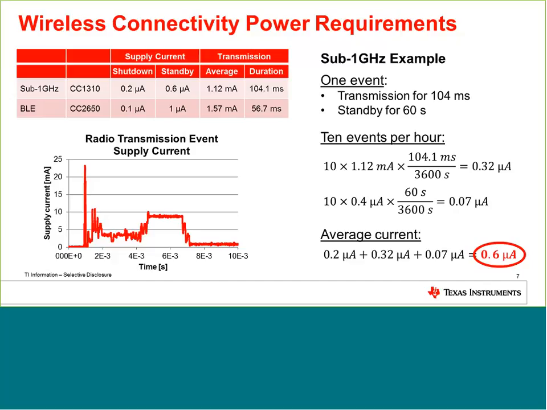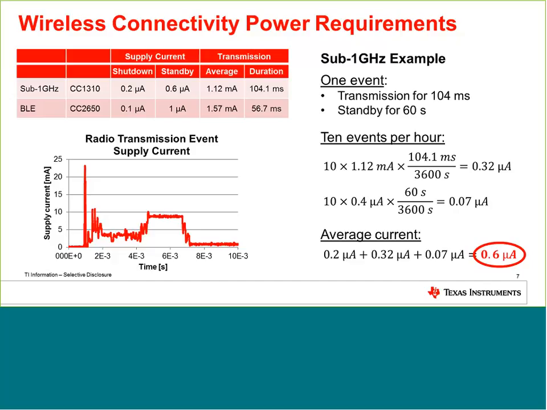If we have 10 events per hour, we can calculate the current. We can see when the radio wakes up and transmits how much current we are drawing. The average current that we need from the battery is 0.6 microamps.